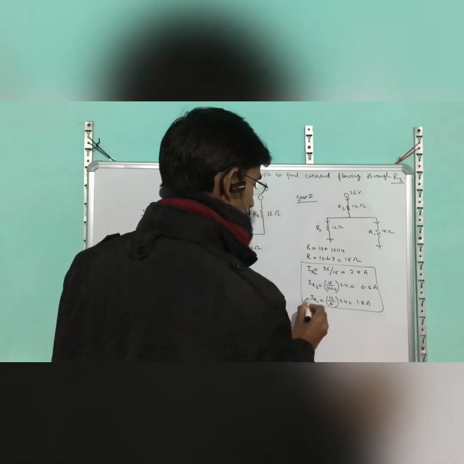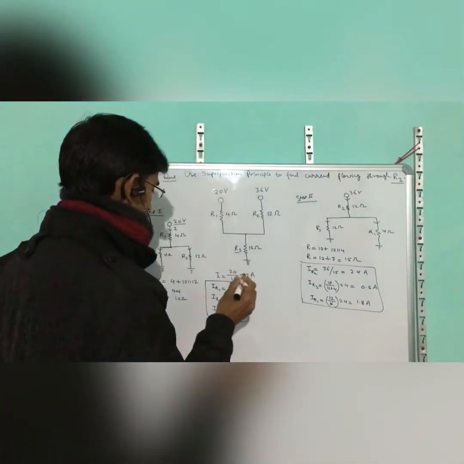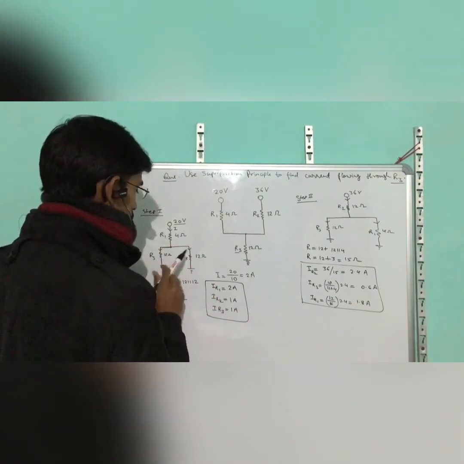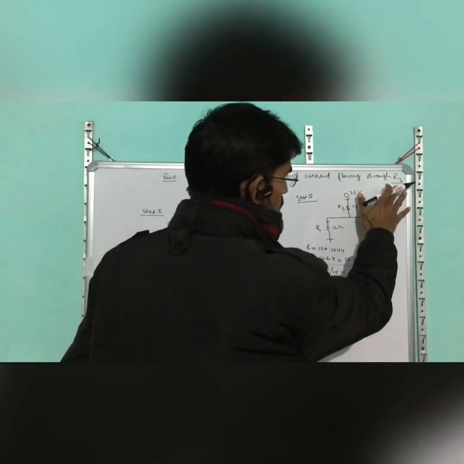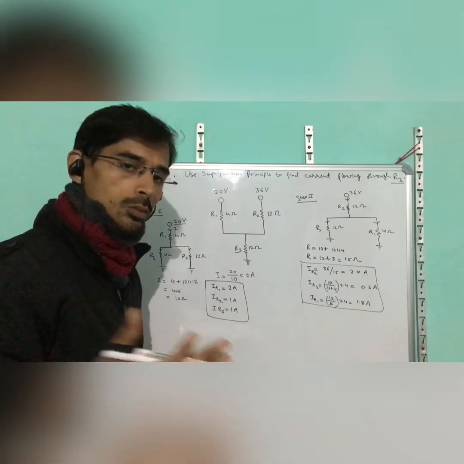Now we have to find the algebraic sum of these currents, because algebraic sum is important, because here you can also see the current direction, current flowing through this R3. We are asked to find out current flowing through only the R3, but let us find out from all the resistors.